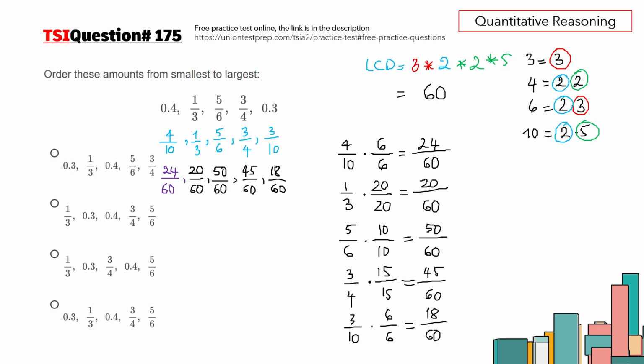The only thing we need to compare is the numerator. So for the smallest one, we can draw a number line. We know that all the given fractions are less than 1 and bigger than 0. They are bigger than 0 because they are all positive numbers, and less than 1 because all of them are proper fractions, where the numerator is less than the denominator.